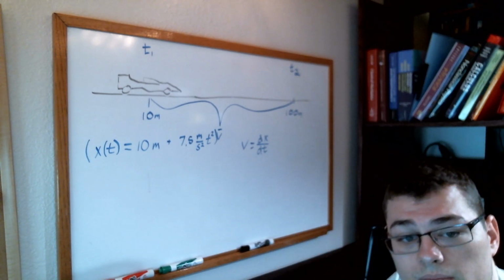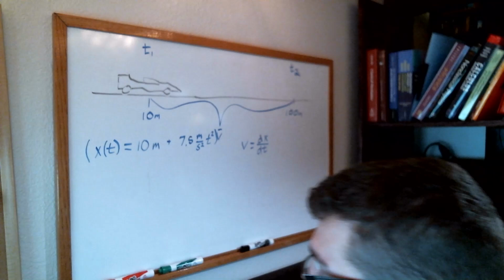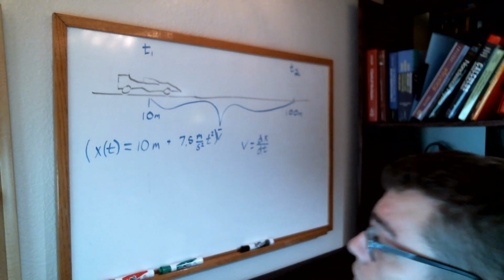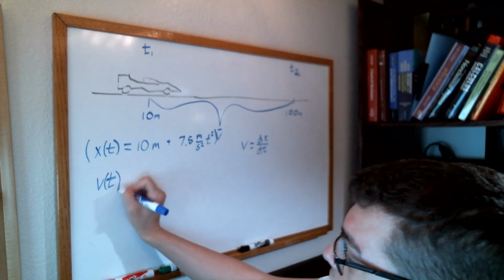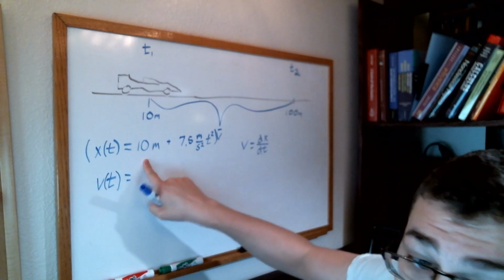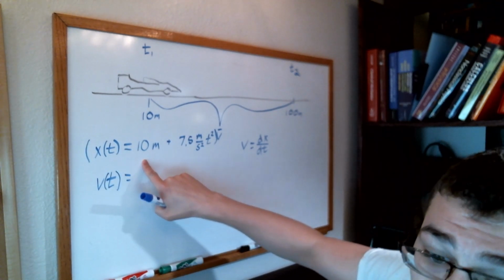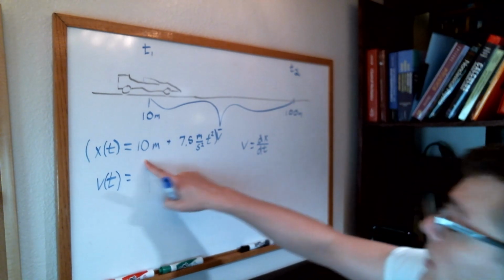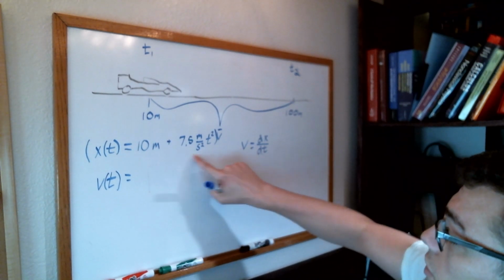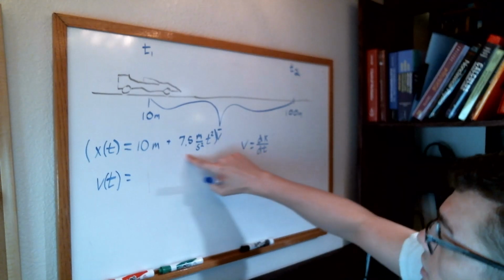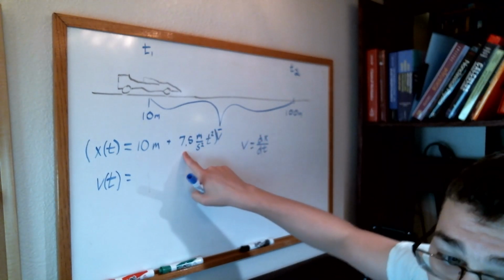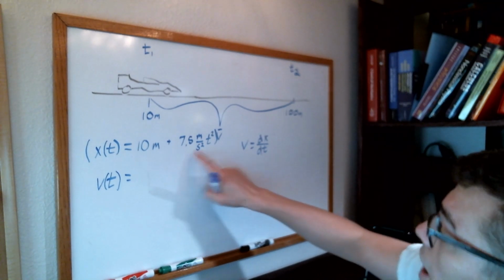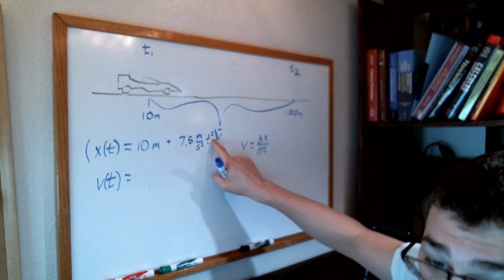Okay, so in order to do that, we're going to take the derivative here, and so on this side we're just going to have v of t. Our 10 meters is going to go away because the derivative of a constant is just equal to 0, and then we're going to take the derivative of this guy here, and so then the 2 is going to come down and multiply by this other coefficient, and then we're going to subtract 1 from the exponent.